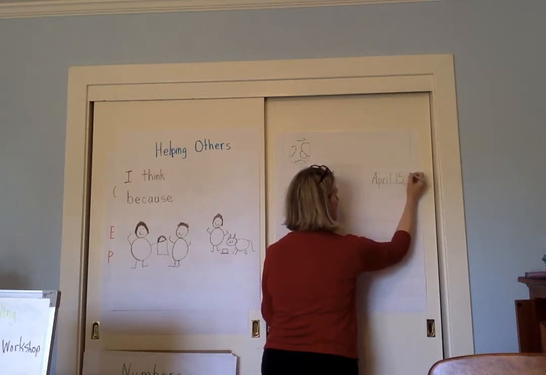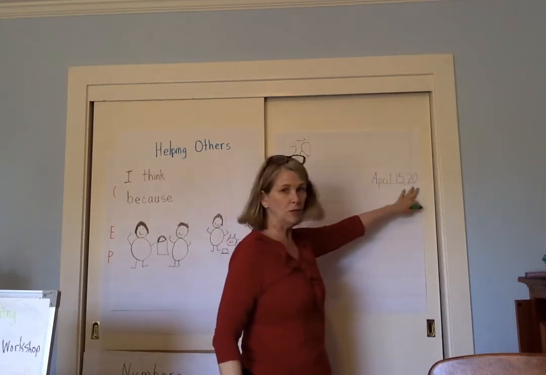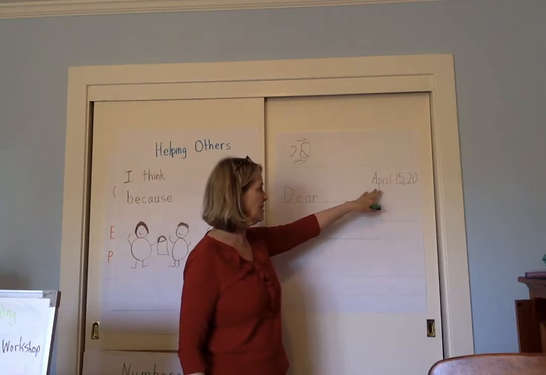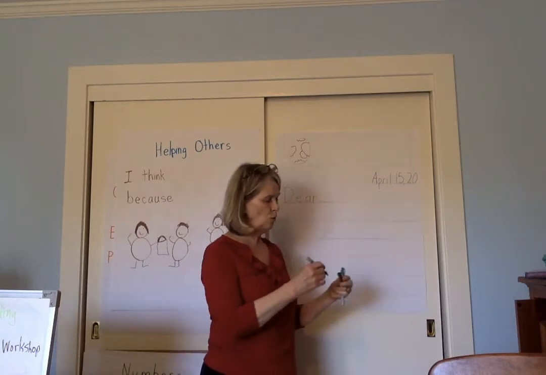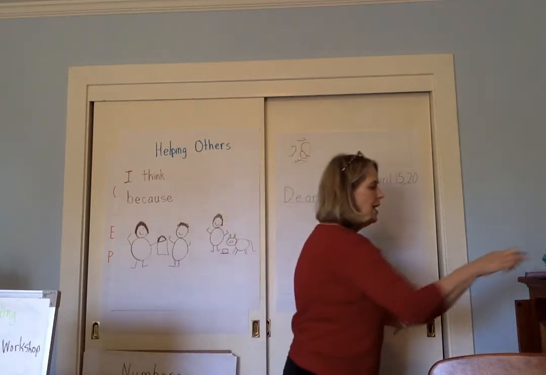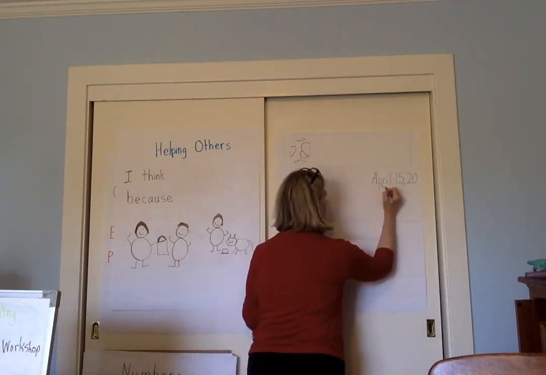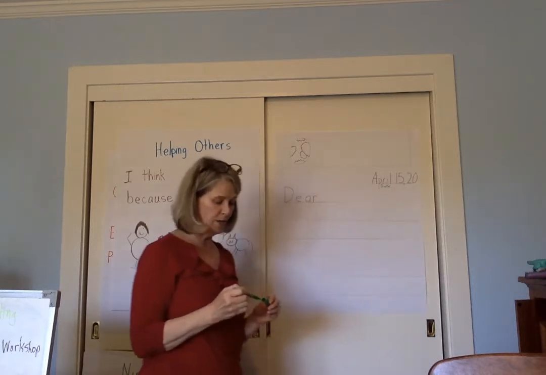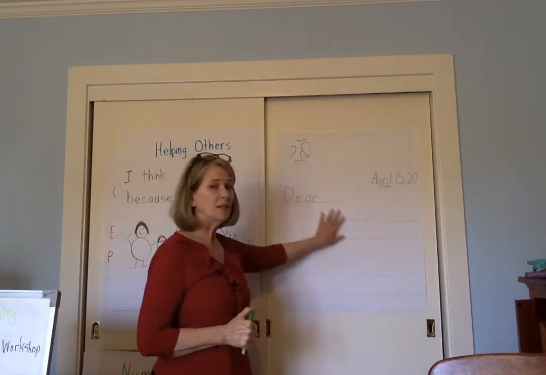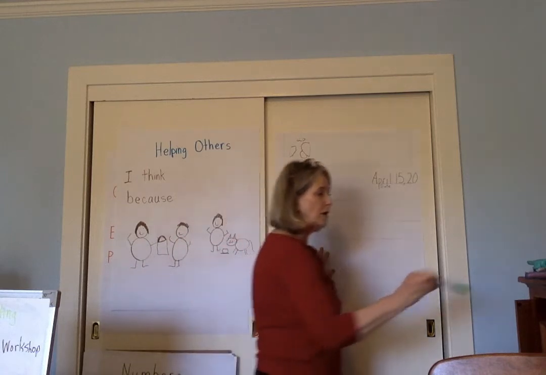And I don't have enough room to write 2020, so I put a little comma up at the top, and I wrote 20. So now I have my date, April 15th, 20. And just a reminder, I'm going to write the word date underneath there, because that's where the date goes. And then we can start doing our writing.